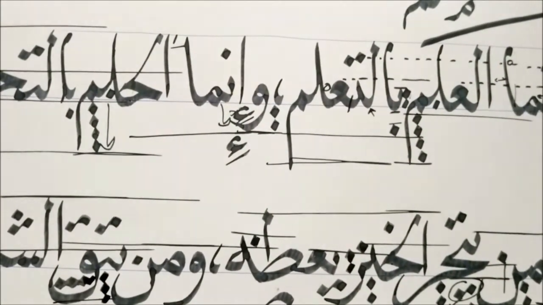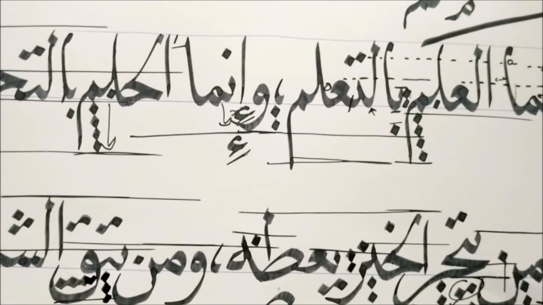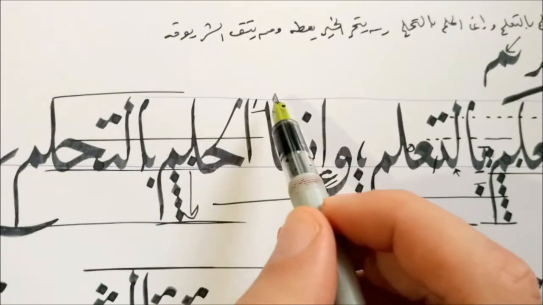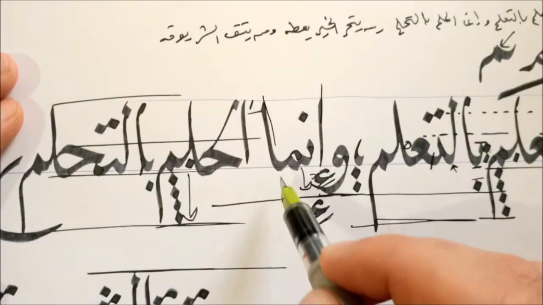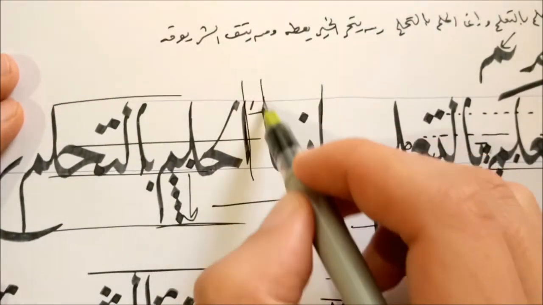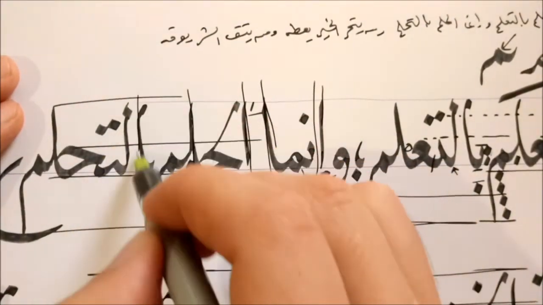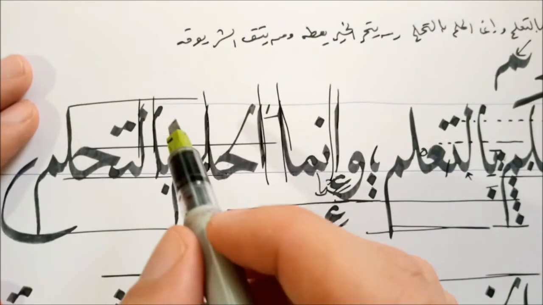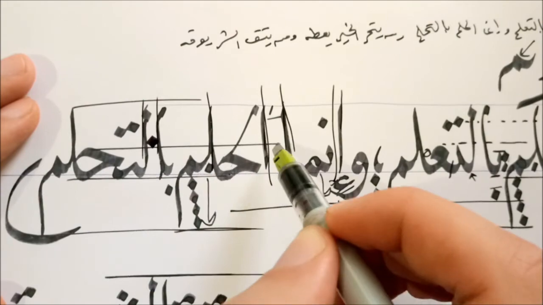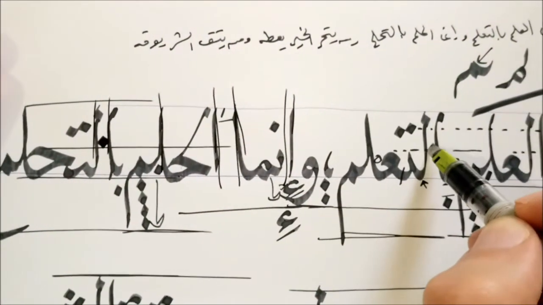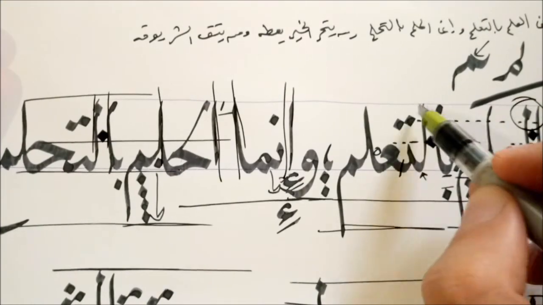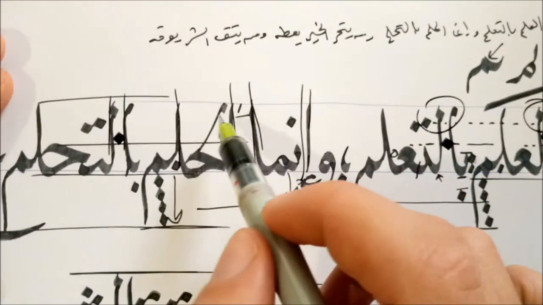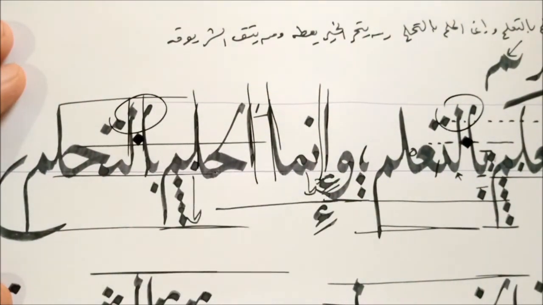Another thing that is very important is the way that the alifs and the lams go up. So for example, this is way too straight, this is way too inclined, so you want your alifs and lams with the same angle. Also the distance between, for example, بالتحلم here and بالتعلم here, any combinations that are similar to each other have to have the same space.